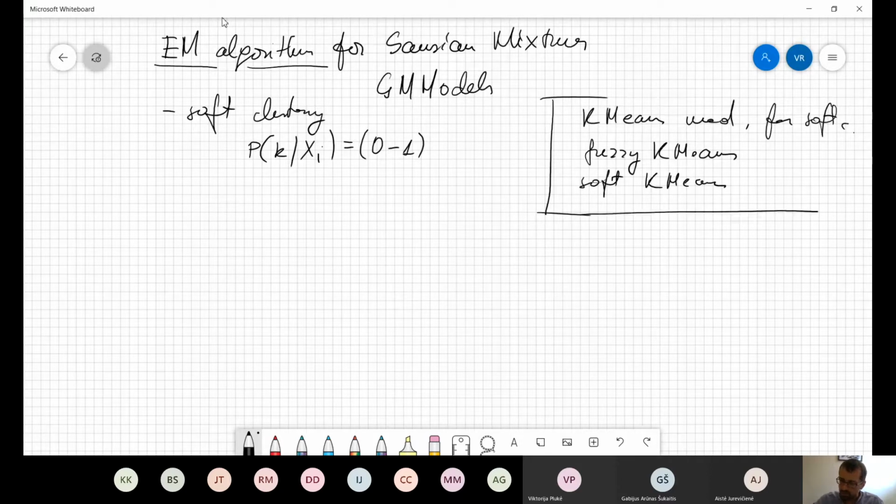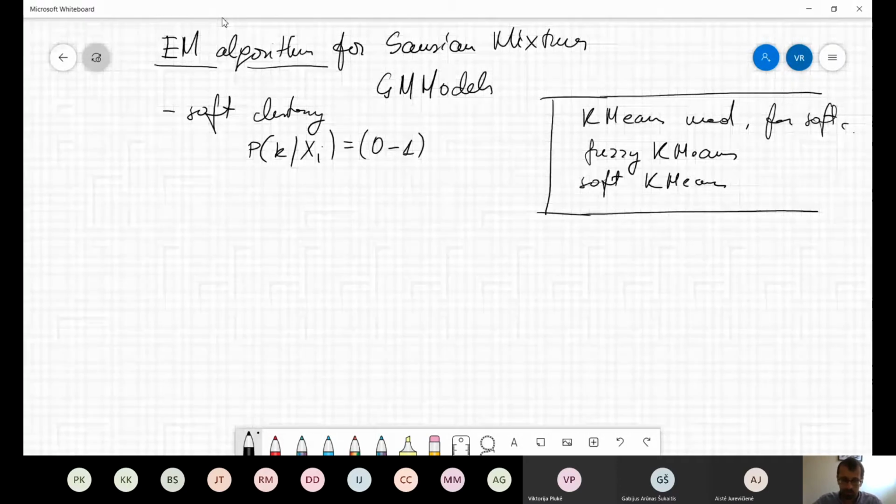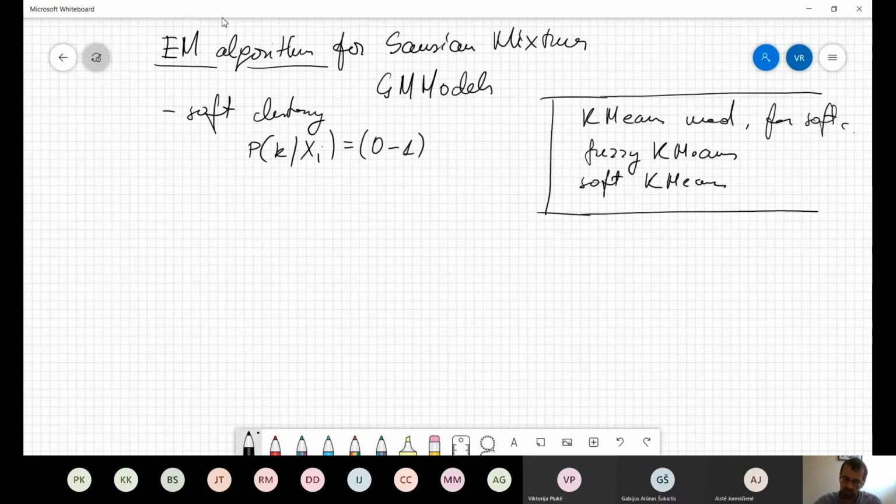This is not huge, it's a slight modification of the k-means algorithm. So I basically want to skip that in order to save our time and to get into the more complicated case. This is where we have a model.